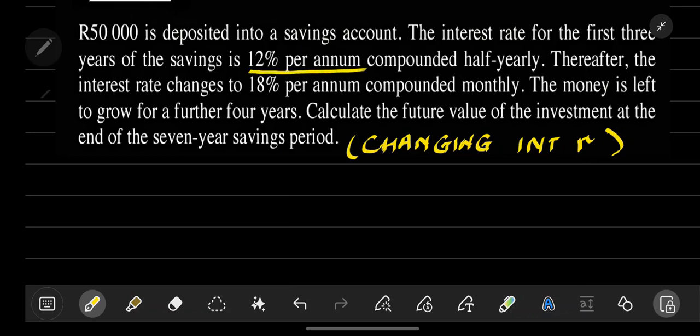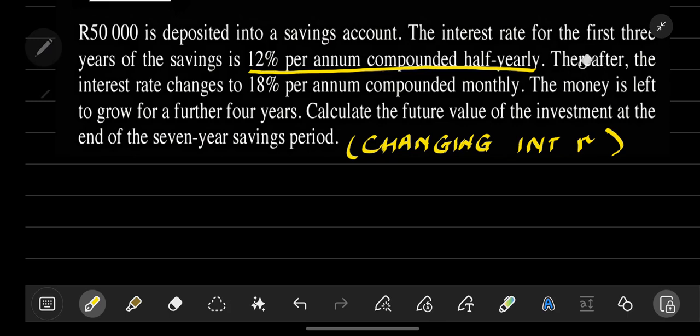If it was ending here, I know that most of the learners will be able to answer this. But the problem becomes when they bring another interest rate. The moment they bring another interest rate, you get confused.